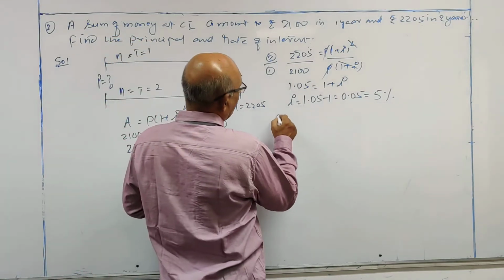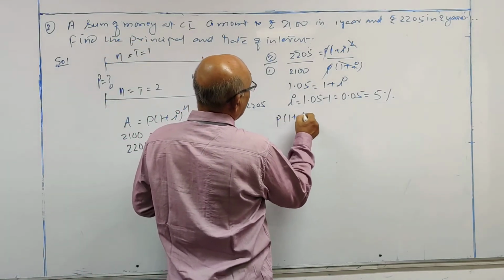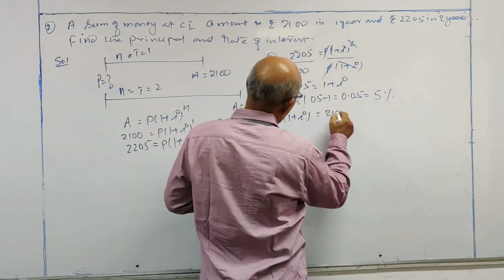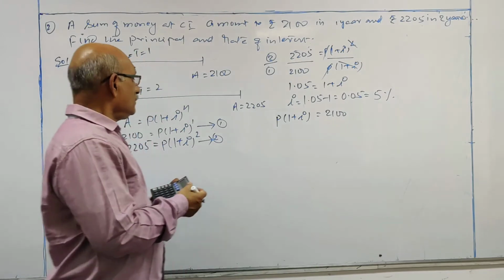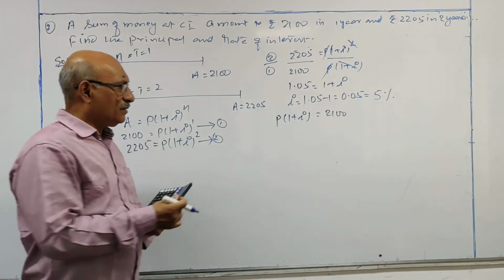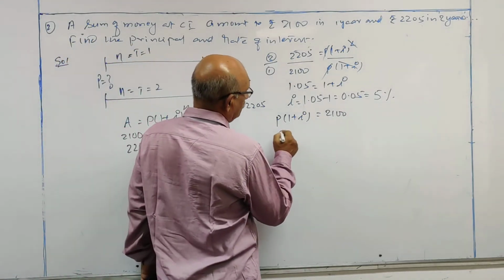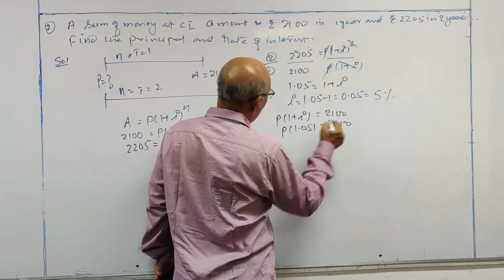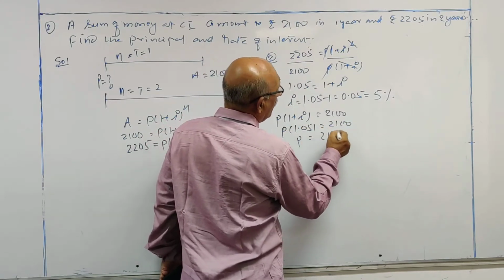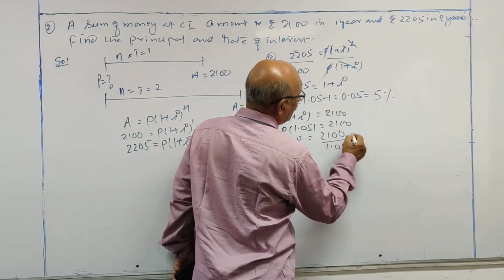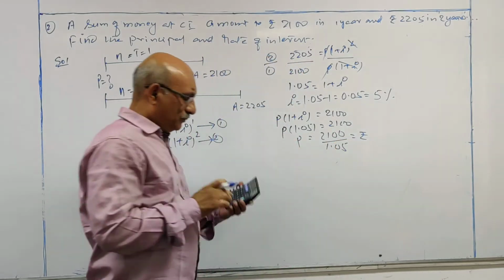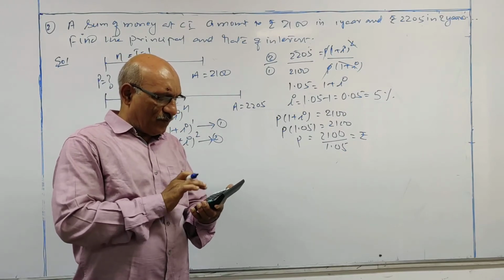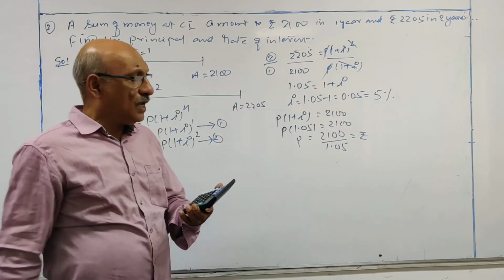Now principal is required. P into (1 plus I) is equal to 2100. Consider equation number 1. P into 1.05 is equal to 2100. 2100 divided by 1.05 is 2000.